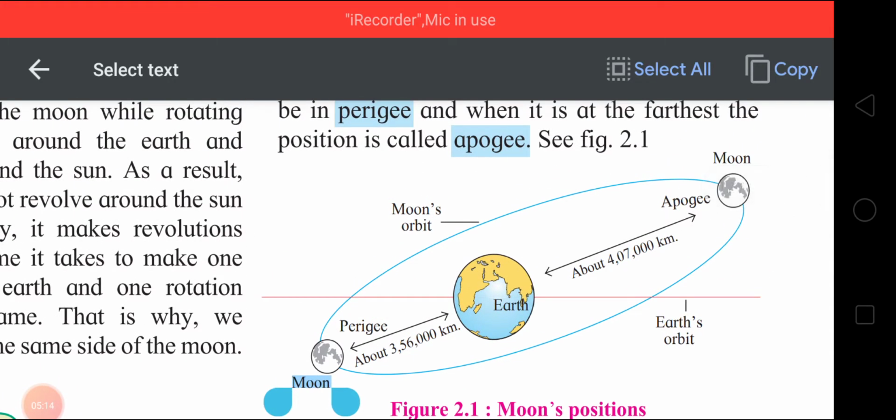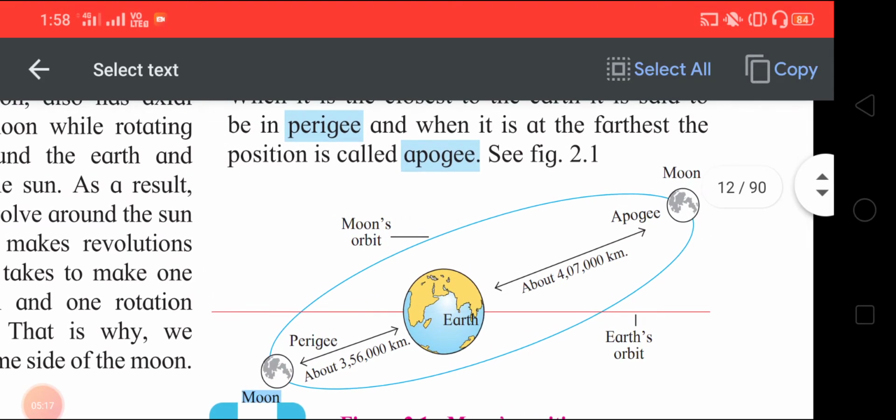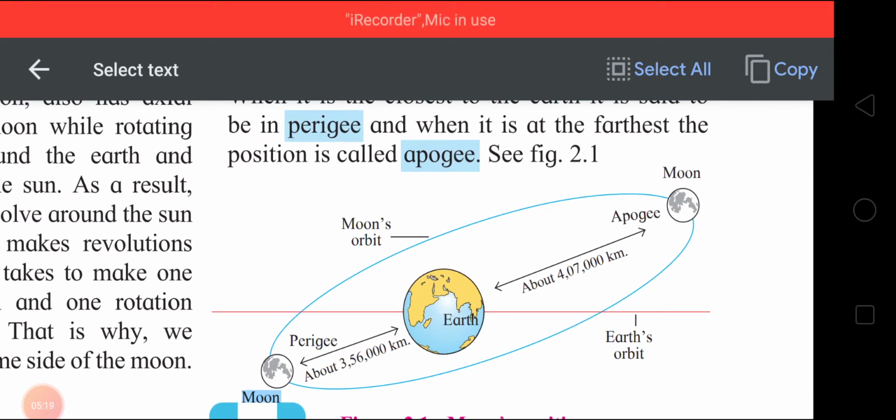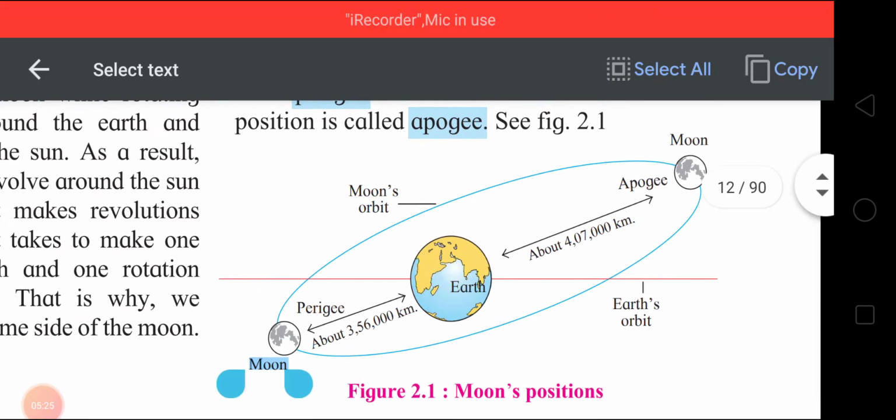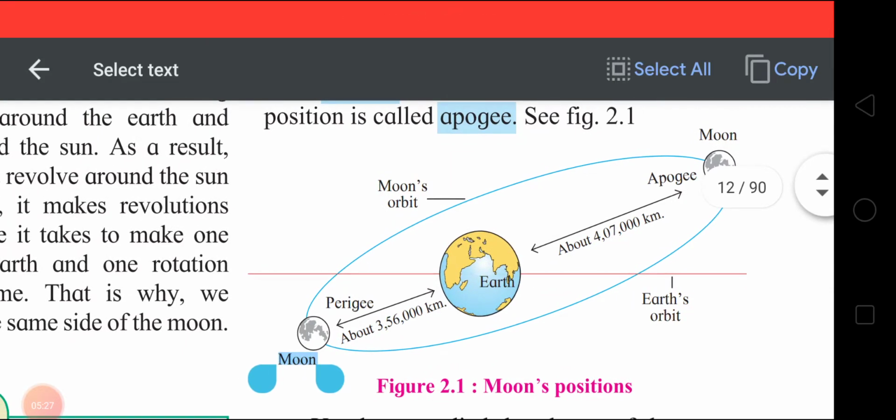And when the moon in its orbit is farthest from the earth, it is said to be in apogee. So children, these concepts you should always remember. The distance from the moon to earth, the shortest distance is called as perigee, and the longest distance is called as apogee.